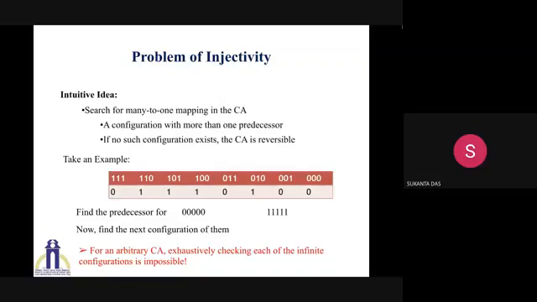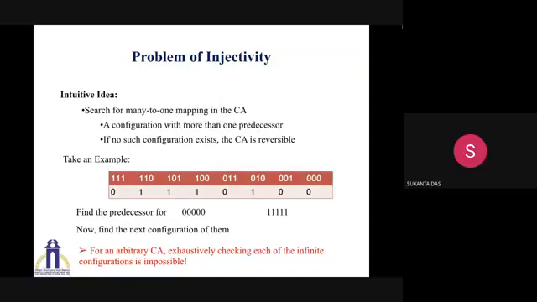If we find two configurations that are mapped to a single configuration, then it shows that there is a many-to-one mapping, so the CA is not injective. So the idea is to consider all possible configurations, and somehow search if there exist two configurations which are mapped to a single configuration.